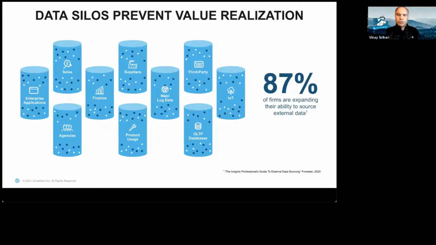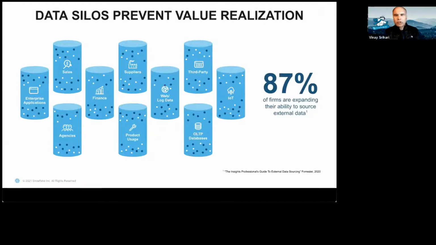And the concern is that with the rise of application clouds like Salesforce and Workday, and infrastructure clouds like AWS, Azure, and Google Cloud, the amount of data we have to drive these businesses has exploded.